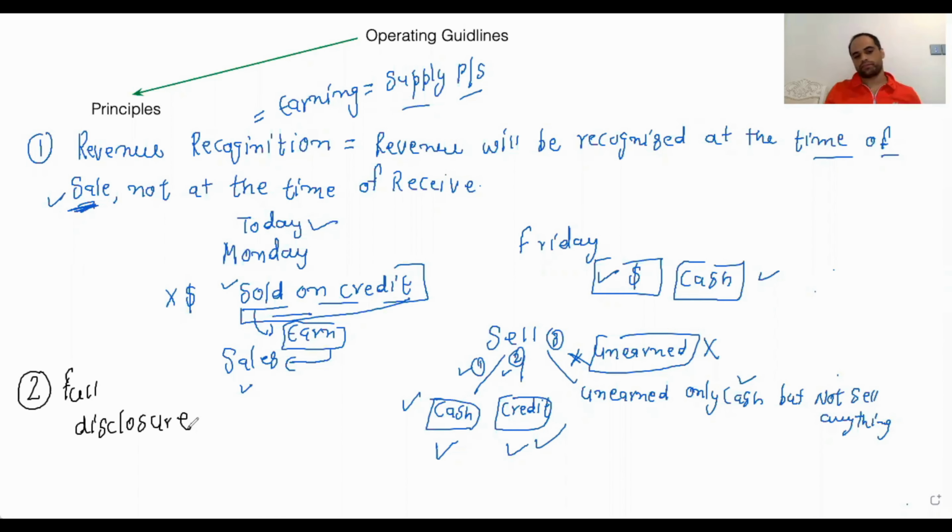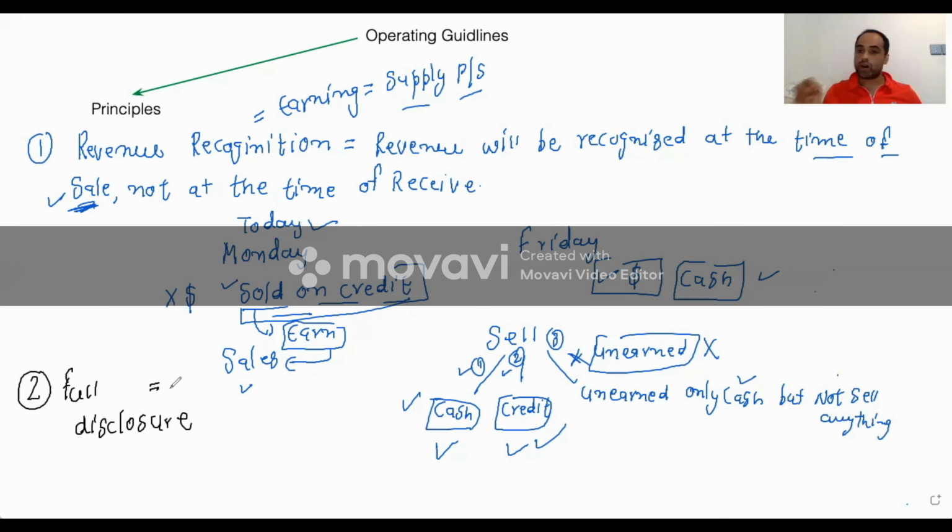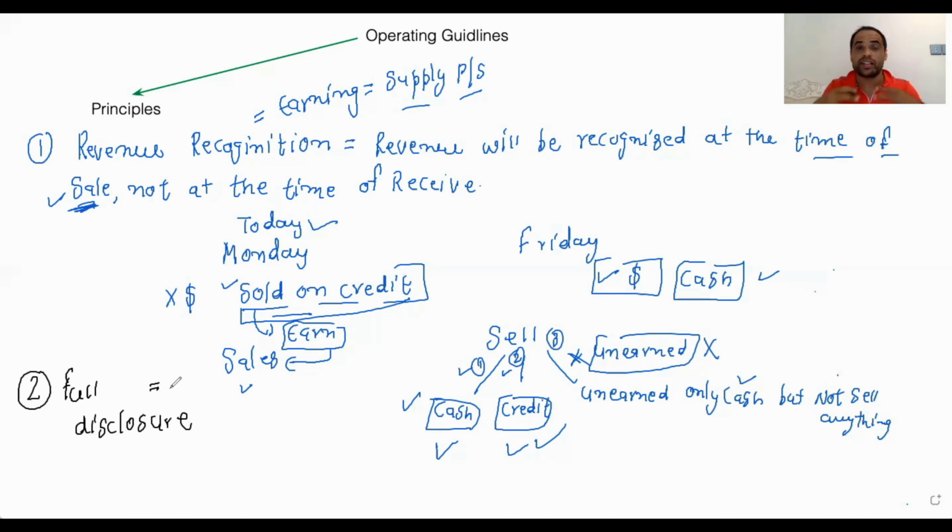Full disclosure. Now, what does it mean, full disclosure? Full disclosure means whatever happened in company, you must record in your accounts. You should provide the full disclosure. Disclosure means disclose, inform. You should provide full information to the users through financial statement.